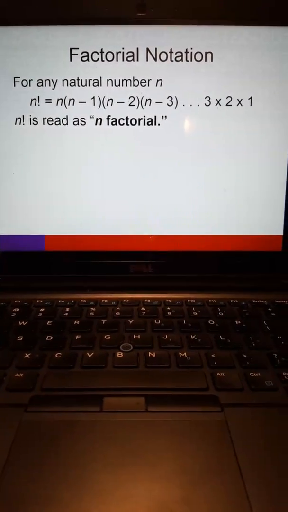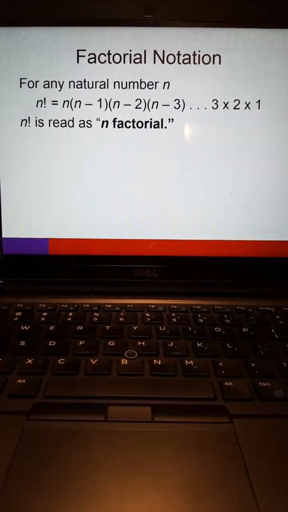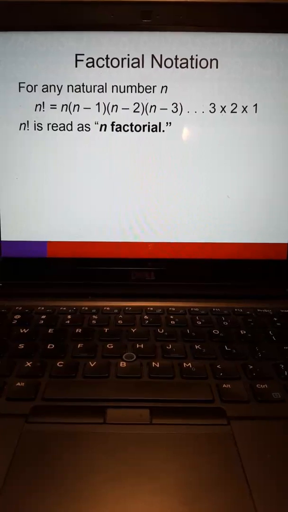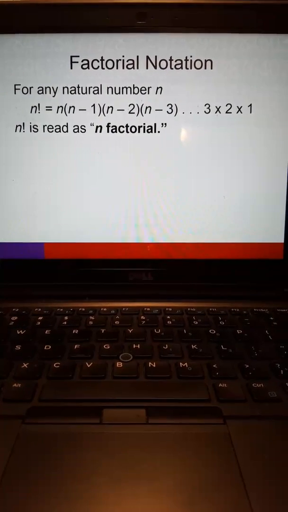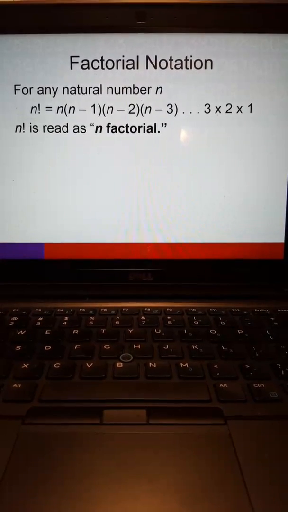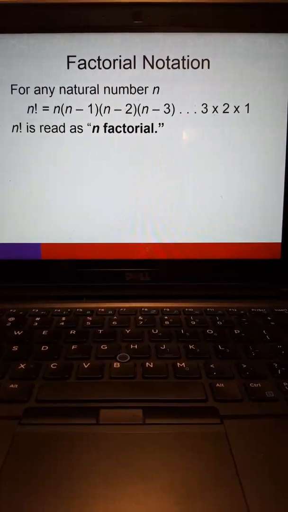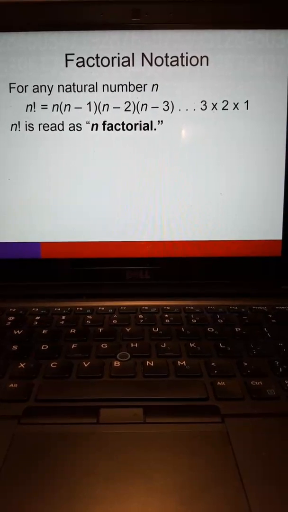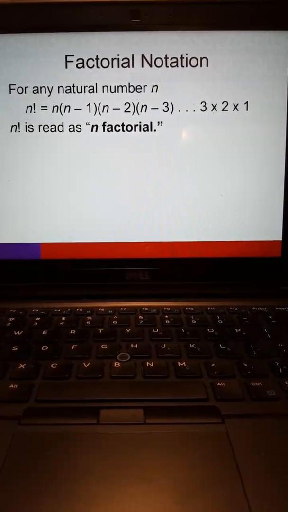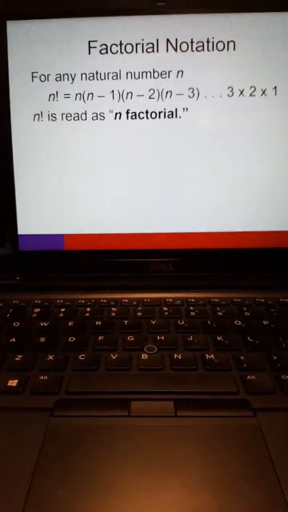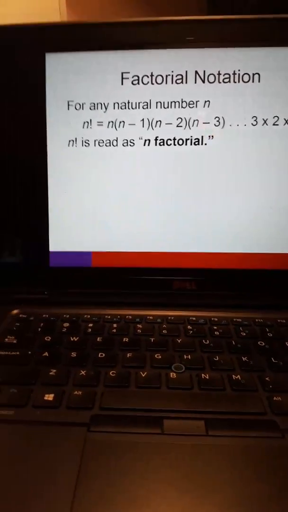So here you notice it says for any natural number n, we can categorize it as n factorial, where n factorial is equal to n times n minus 1 times n minus 2 times n minus 3, and so forth. Your answers should always come out descending, like 3 times 2 times 1. Once again, n with an exclamation point is read as n factorial.